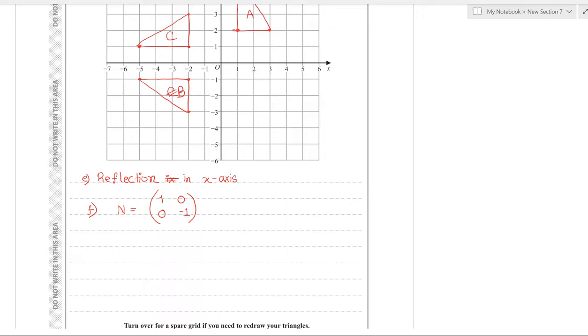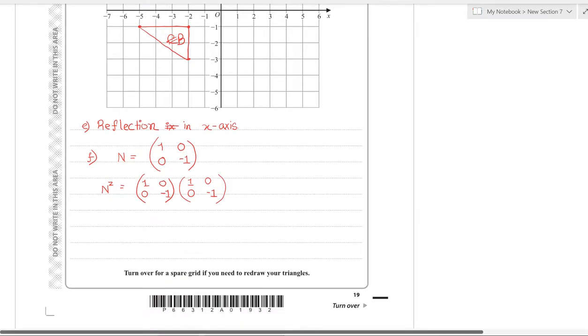And the question wants you to find the value for N squared, that is, multiply this again with this. So N squared would be 1, 0, 0, -1 multiplied with again 1, 0, 0, -1.